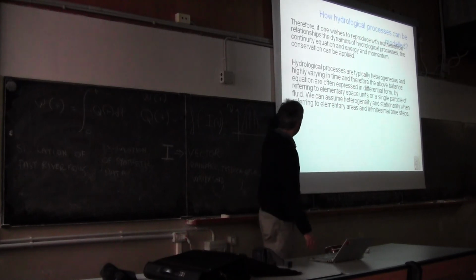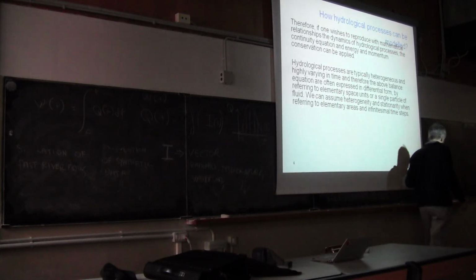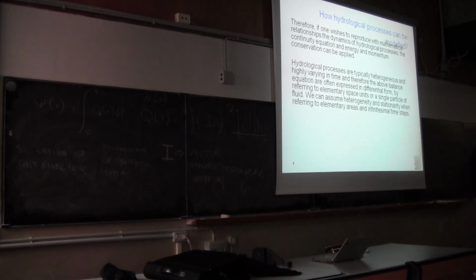An important concept here. I said in principle, the concept is clear and quite easy, but there is one but. And the but is hydrological processes are typically very heterogeneous in space and are extremely variable in time.